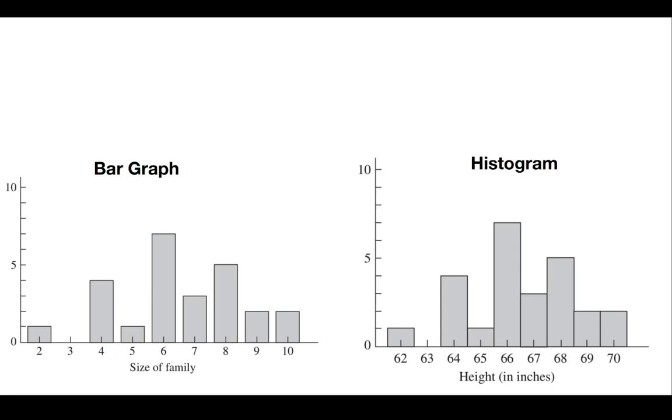The bar graph is appropriate when the values of the x come from a discrete rather than a continuous scale. As you may remember, in chapter 1, we discussed the difference between discrete data and continuous data or scale.